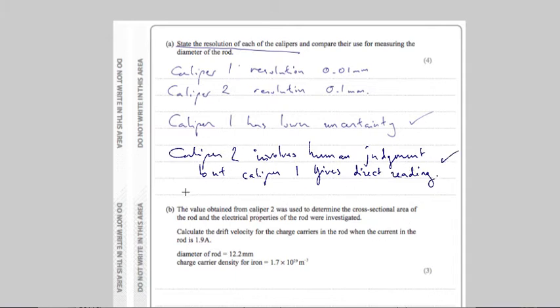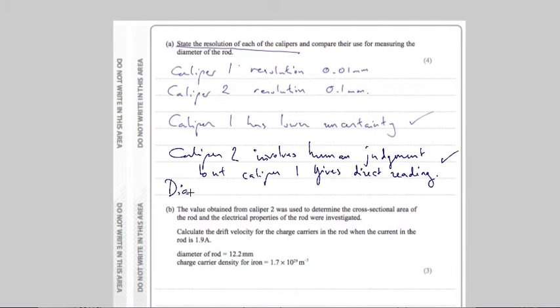Finally, we can say that, well, caliper 1, yes, it has a very, very fine resolution, but maybe it's so fine as to be overkill. Maybe we don't need something that is that sensitive. We could say something like the diameter of this iron bar that we're measuring might vary more than this resolution.